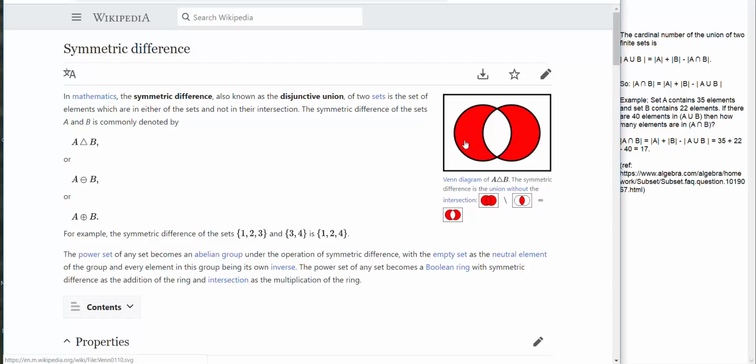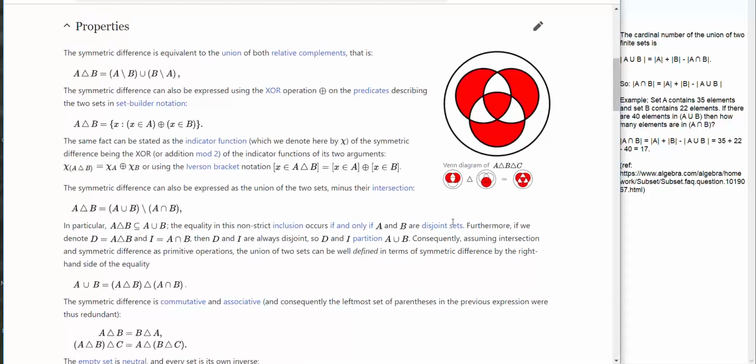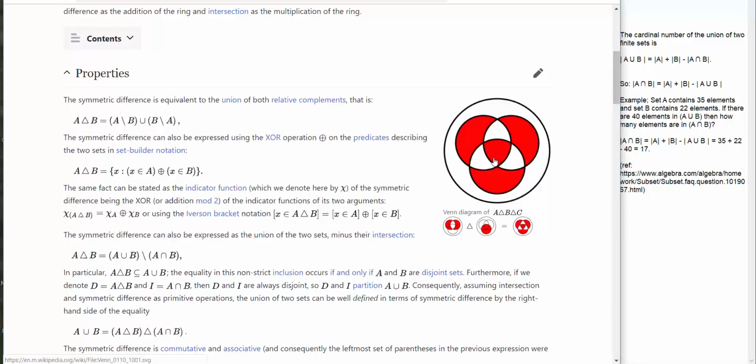Or you could go like the union minus the intersection. Yeah, so it should work. Now what if it's three sets? Then you would go like the union of all of these minus the intersection.